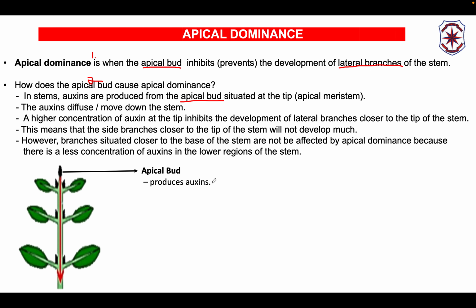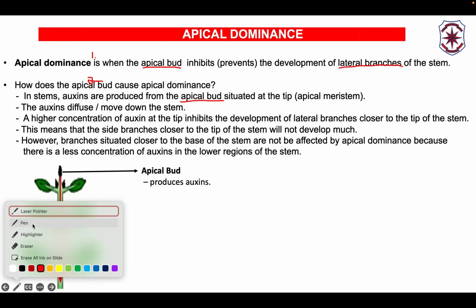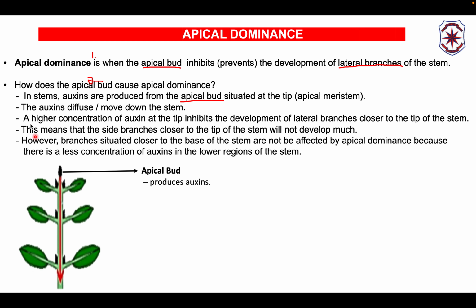This is where auxins are primarily produced. The first step, in stems, auxins are produced from the apical bud. So there is the apical bud. Where is it situated? At the tip of the stem. That region we call the apical meristem.